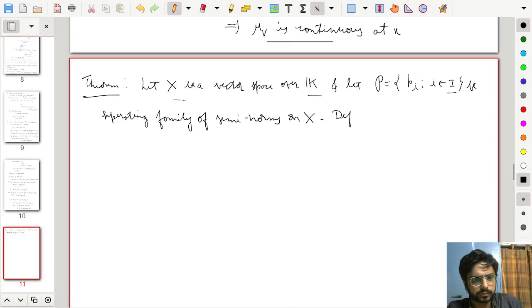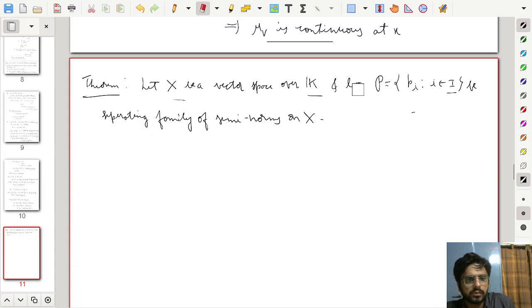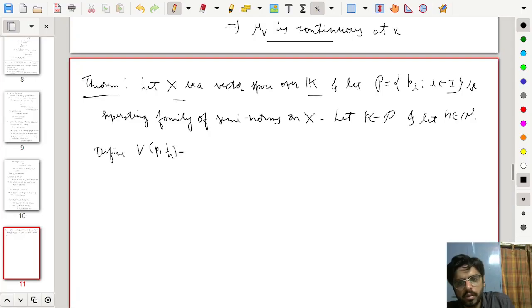Now define the set V of p comma 1 by n. Sorry, before that, let p belong to P and let n belong to N. Define V of p comma 1 by n as all those x in X such that p of x is strictly less than 1 by n.